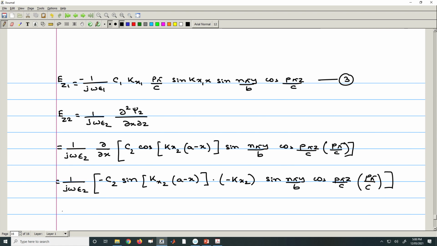Therefore, we can write E z2 as 1 upon j omega epsilon 2.